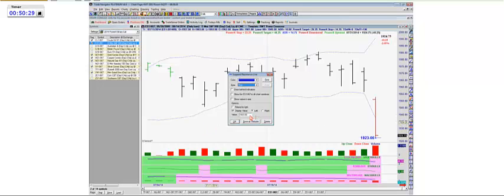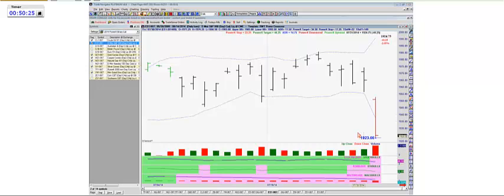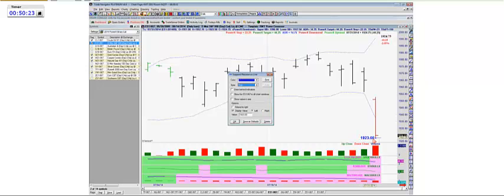Doesn't want to let me edit. Oh, there we go. I'm just trying to do too much on my machine right here. But anyway, 1923 and a quarter would mean that we have traded through the previous day's low. 1923.50 is the previous day's low. Let's try it one more time. There you go.